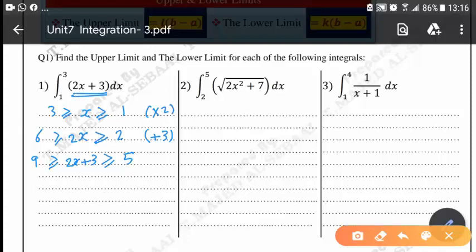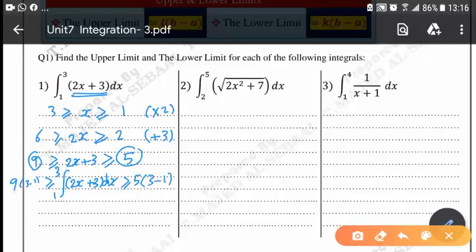So the L is 9 and the K is 5. That means integration from 1 to 3 of 2x plus 3 dx is bounded or limited between 9 multiplied by (3 minus 1) and 5 multiplied by (3 minus 1).